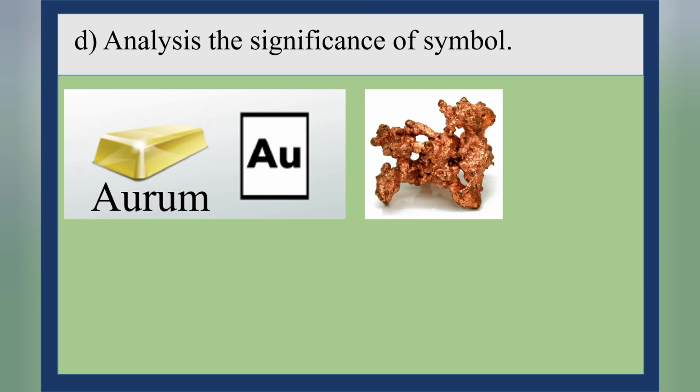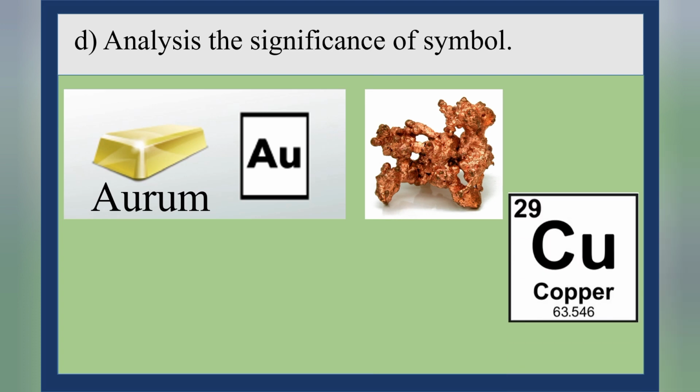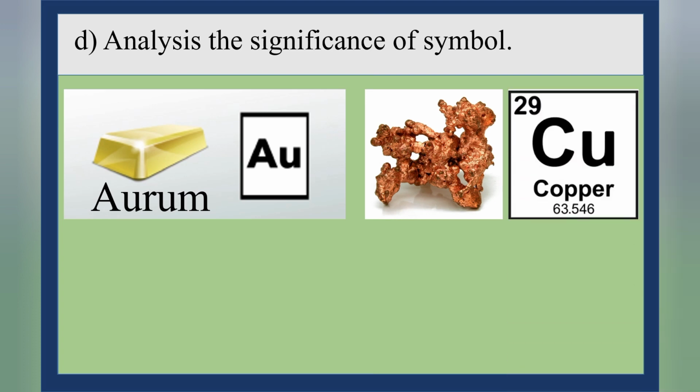Okay, so what do you think? Which type of element is it? Yes, I know that some of you can easily guess. It is copper. Okay, so copper looks like this, and the copper will be called by Cu.